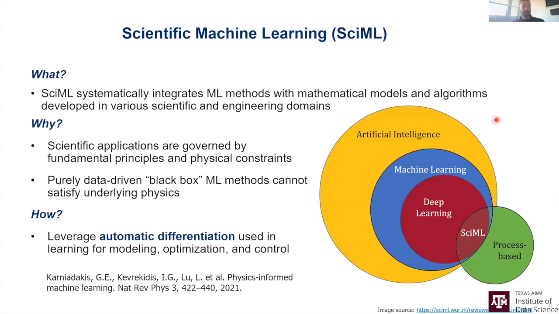And as I mentioned, why would we like to do that? Because very often we want to have some performance and safety guarantees on our systems, and other times we have only small data sets, so we want to impose some kind of inductive biases towards learning physical systems. An example could be in energy systems in buildings.